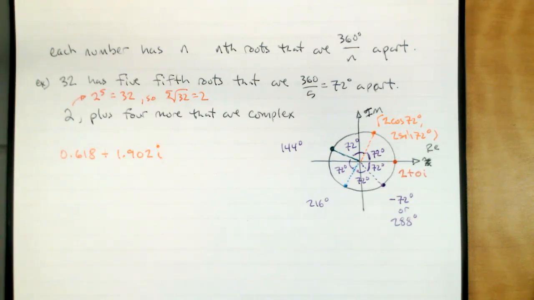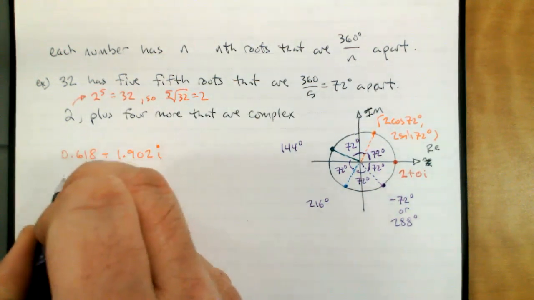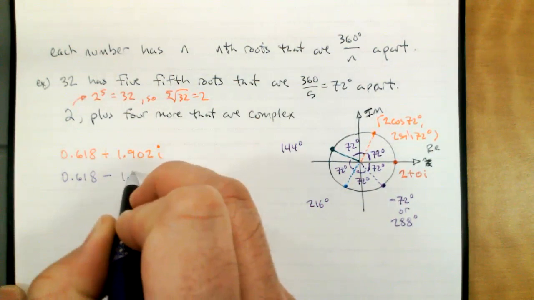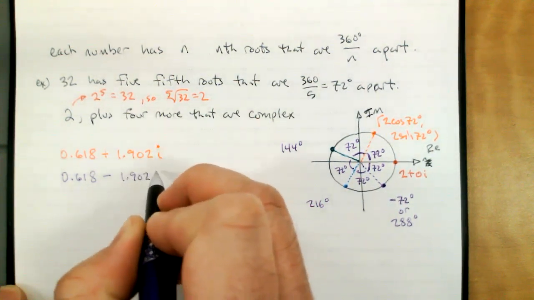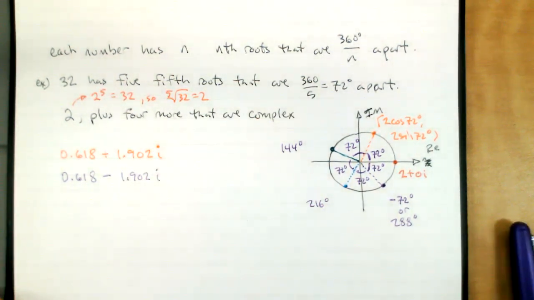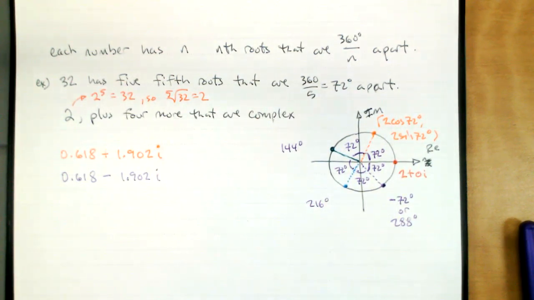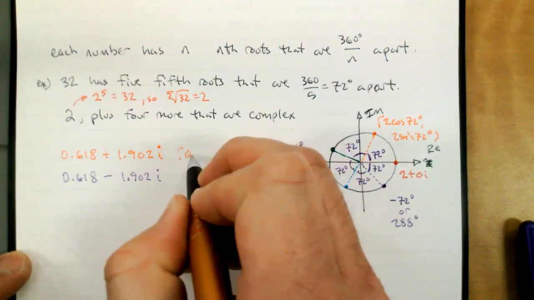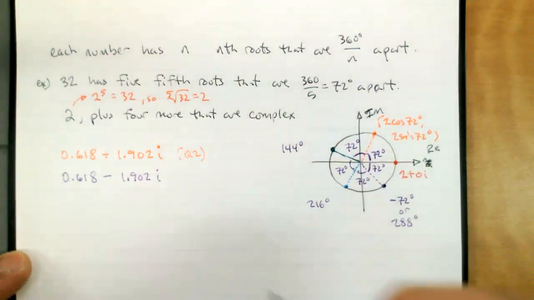Notice that we've also got one down below at negative 72. That one is going to be at 0.618 minus 1.902i. So there's the one in quadrant 1, and here's the one in quadrant 4.